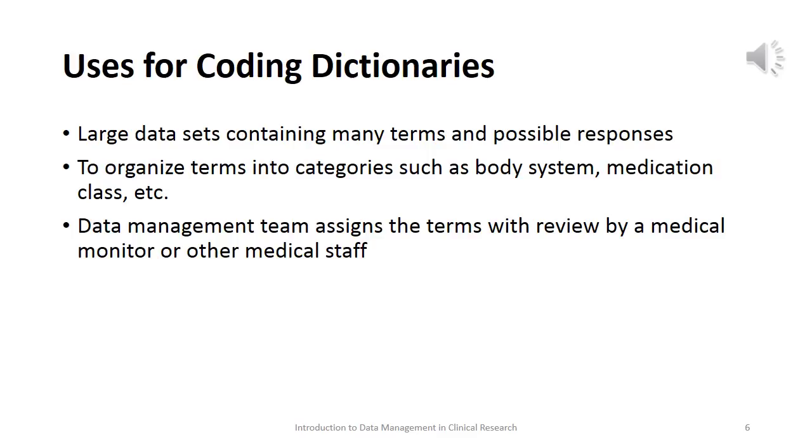We also would organize terms into categories such as body system, medication class, etc. That would be used for a coding dictionary. And also the data management team is going to assign terms with review by a medical monitor or other medical staff. So these will be some of the uses of when we would use a coding dictionary.